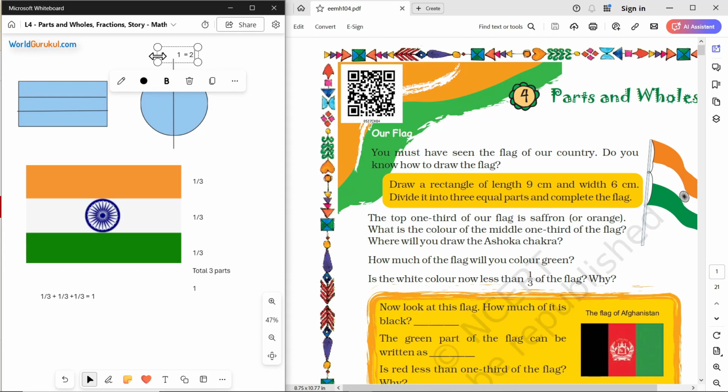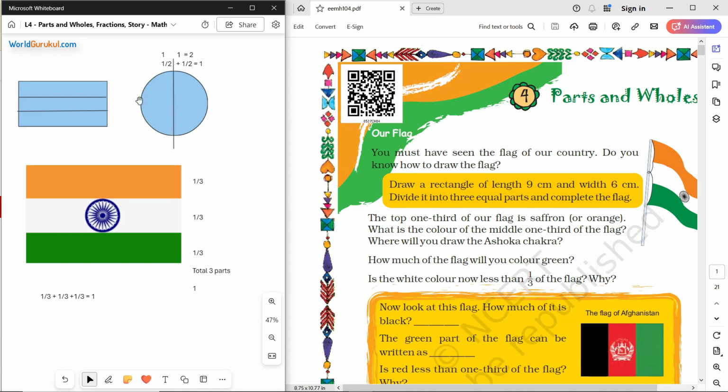Right? So each one is going to be 1 by 2, 1 part of 2 parts made, and this also 1 by 2. So the total, 1 by 2 plus 1 by 2, is going to be 1. 1 is a whole.